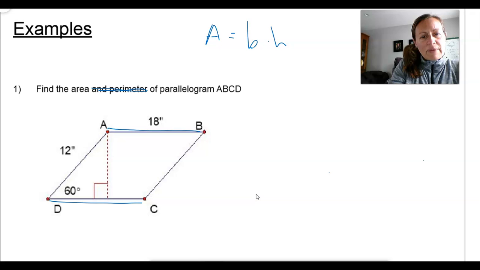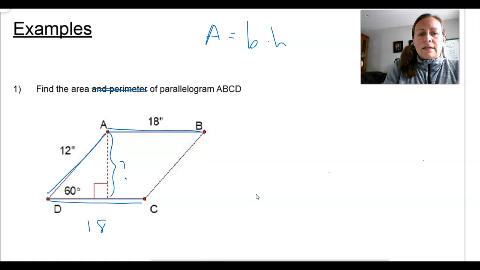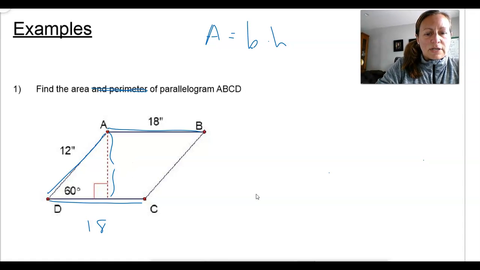This would be the same amount, 18, so we could designate that as the base. But then we need to know what this is, because that's really the height. 12 inches is not the height. This is not the height. The perpendicular segment is the height. So I'm going to erase the little question mark, and I'm going to label it with h for height.